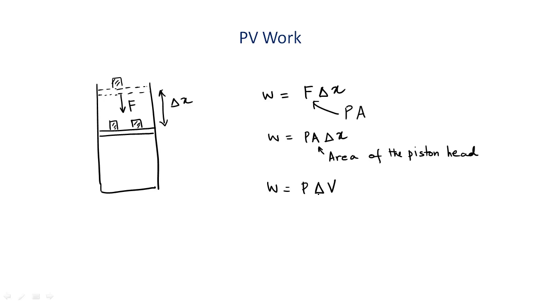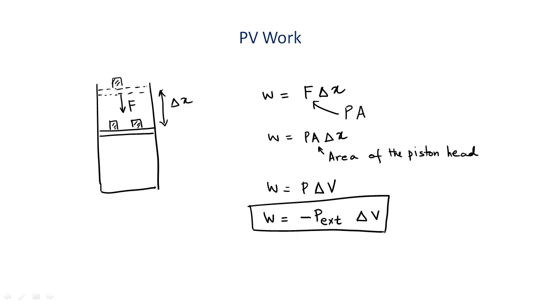And so, the formula to calculate the work done is by convention W is equal to minus P external times delta V. Note that you must use this formula with the negative sign always, both for expansion and for compression. If the work done comes out to be negative, then the work is done by the gas. If it comes out to be positive, it is work done on the gas.